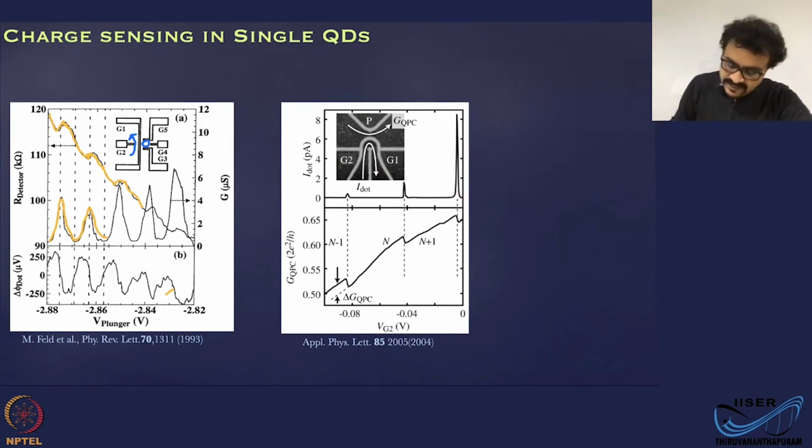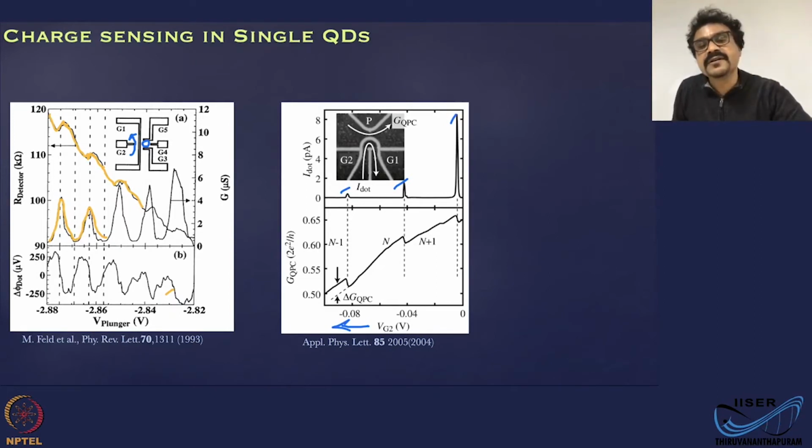And as we have discussed, you can see the height of the Coulomb blockade oscillation is actually decreasing as you make the gate voltage more negative. But the charging and discharging event sensed by the quantum point contact, which is now shown as the bump in the conductance of the quantum point contact, is not affected by the change in the gate voltage, because it is not sensing the tunnel rate, it's actually just sensing the charge, the presence or absence of the charge, or change in the charge configuration or charging and discharging events.